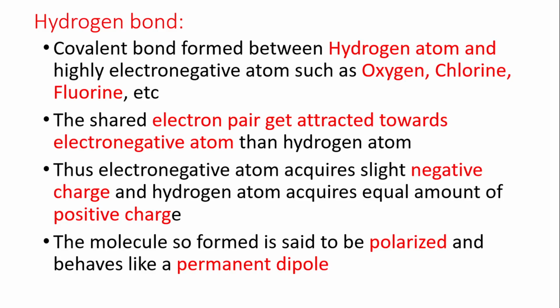Now what has happened is interesting: we have obtained a molecule which has poles, one with negative charge, the other with positive charge, separated by a specific distance. That means the molecule formed is polarized, and this molecule will behave as a permanent dipole, giving rise to a very interesting type of bond.